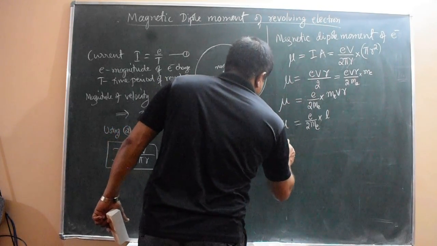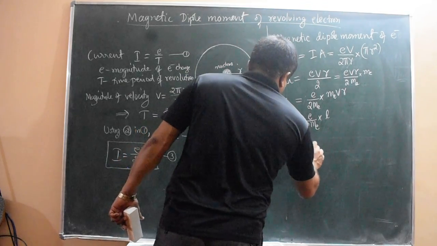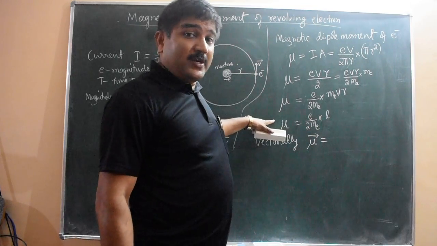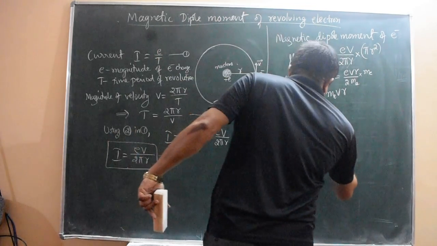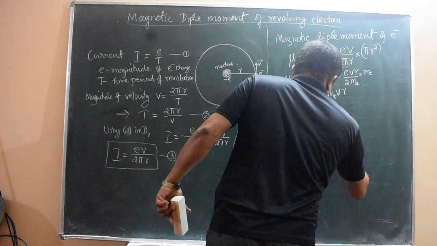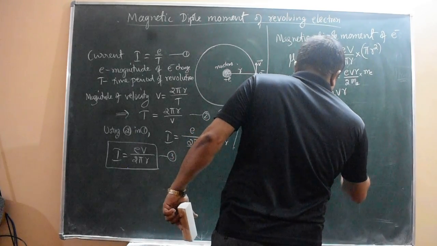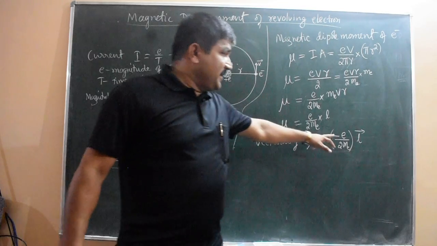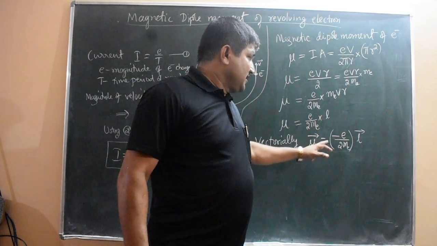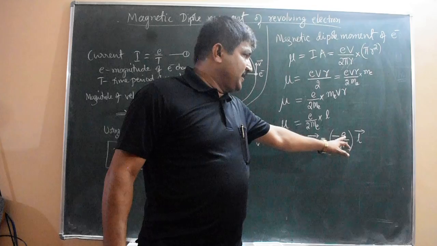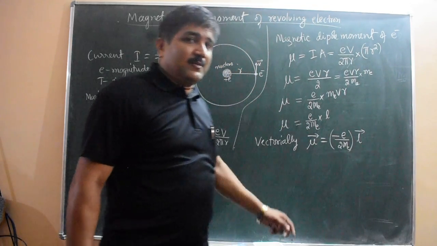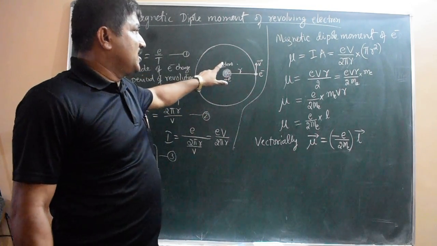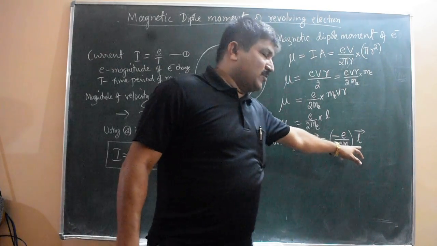Vectorially, mu vector, the electron dipole moment, equals minus e by 2 m_e into L vector. There is a minus symbol now. What is this minus? The dipole moment vector and the L vector, the angular momentum vector, are opposite. The dipole moment of the electron is opposite to the angular momentum.